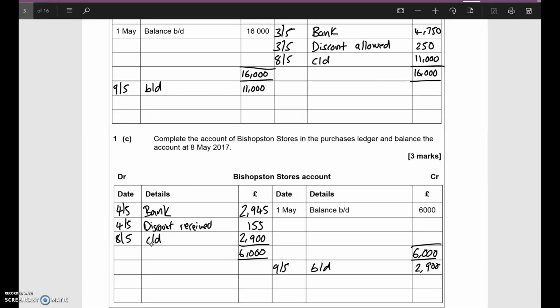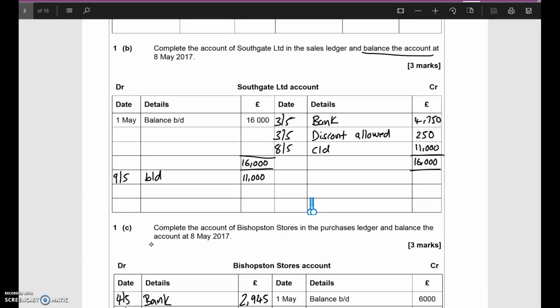Just before we move on to the next question, remember Southgate Limited is a debtor, and a debtor, or trade receivable, is considered an asset. If you increase your asset, it would go here. If you decrease your asset, it would go on the credit side.